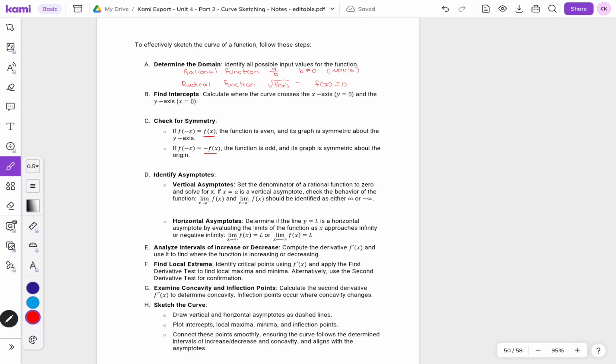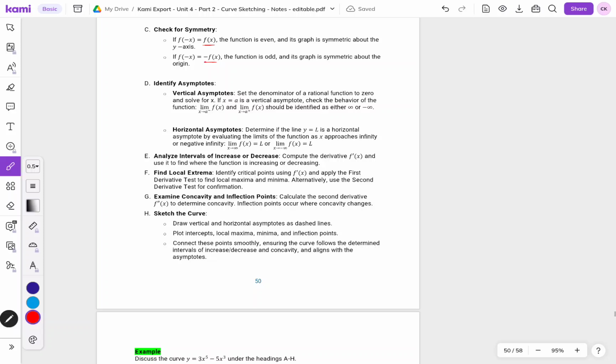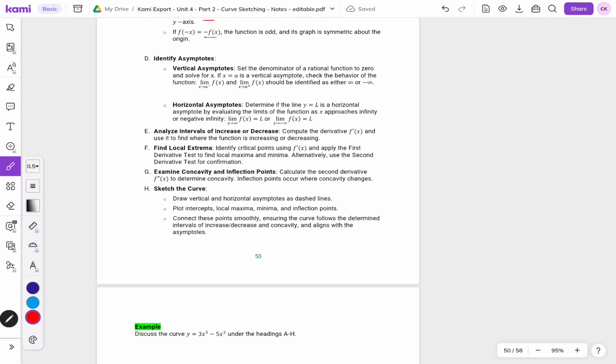Once we've done those, then we kind of actually start into the calculus of it, and we identify our asymptotes. So vertical asymptote, we're going to set the denominator of rational functions to 0 and solve for x. If x equals a is a vertical asymptote, then we're going to check the behavior of the left and the right. Which one's going to infinity, which one's going to negative infinity.